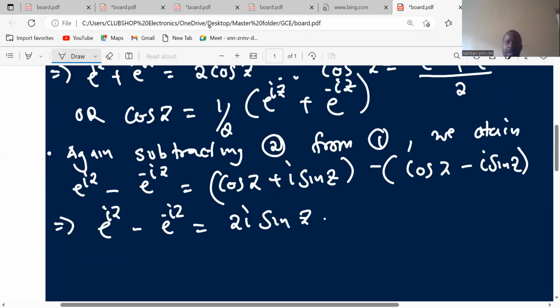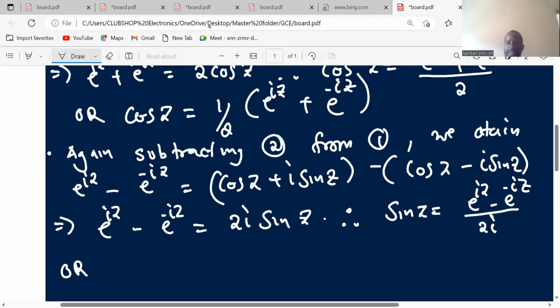Okay? Meaning that dividing both sides by 2i, sin z will be equal to e to the iz minus e to the negative iz divided by 2i.